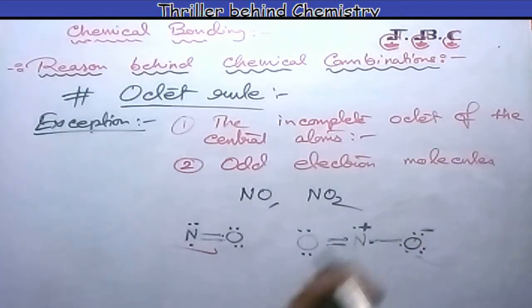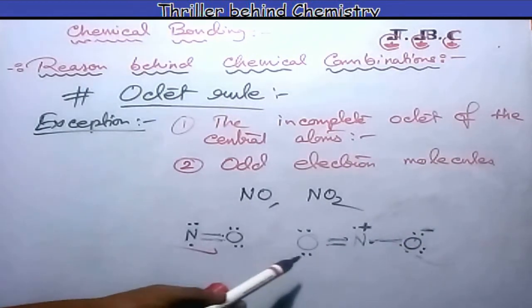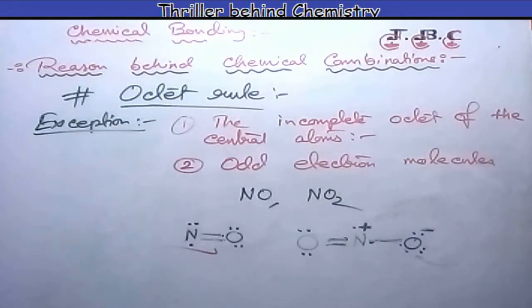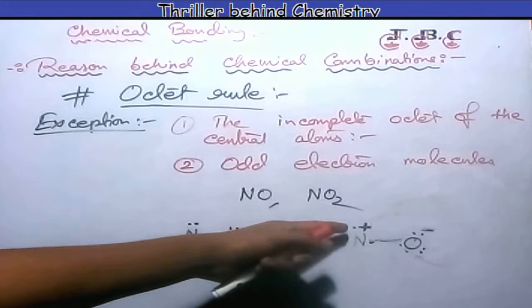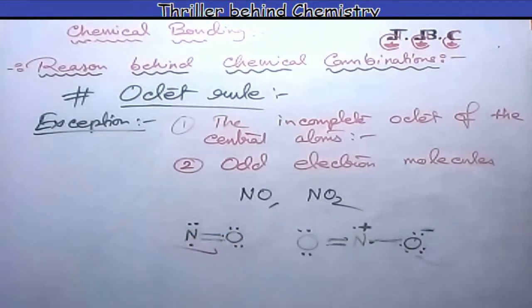Here each oxygen atom now attains stable electronic configuration, but for nitrogen, 1, 2, 3, 4, 5, 6 and 7, nitrogen cannot attain the stable electronic configuration, and that is the second point of exception of the octet rule.